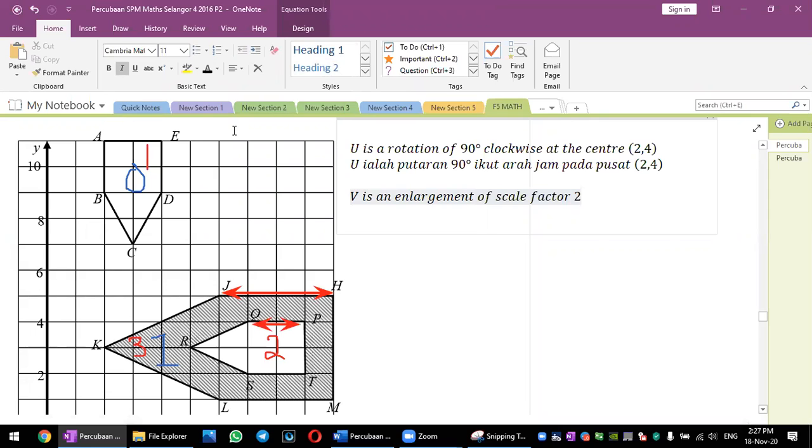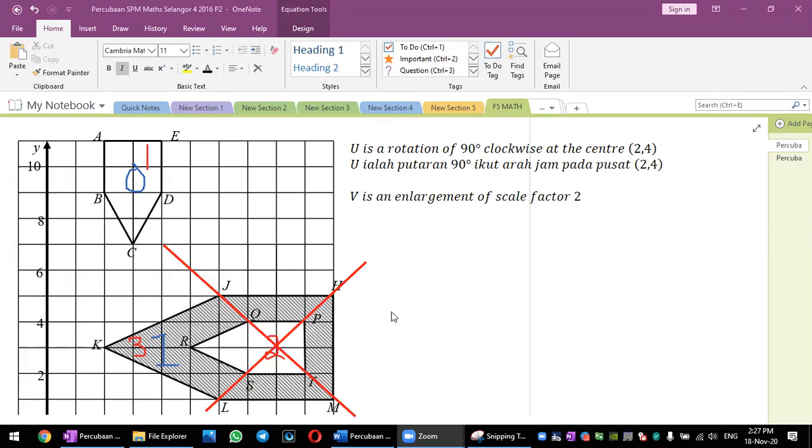Then you need to find the center. Where is the center? You connect. Contoh lah, Q enlarge pergi mana? Q besar pergi J. P besar pergi H. You need to extend it. Kasih panjangkan dia. So where is the intersection point? The intersection point is the center.